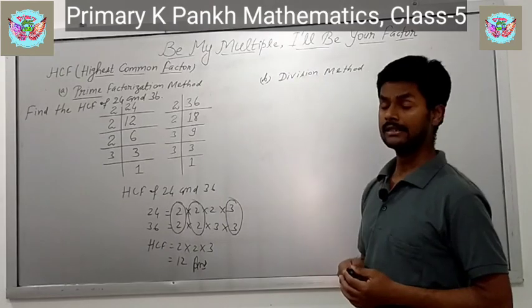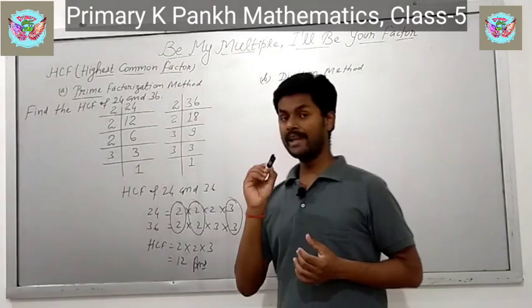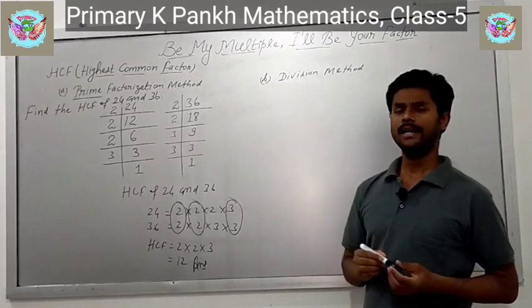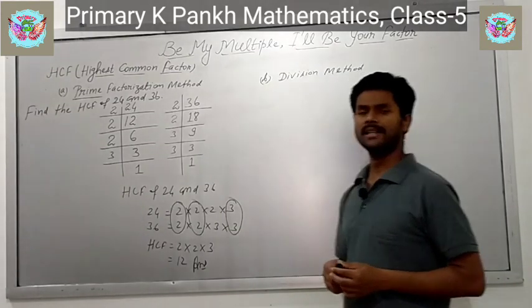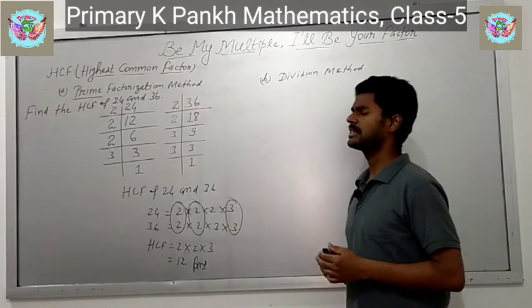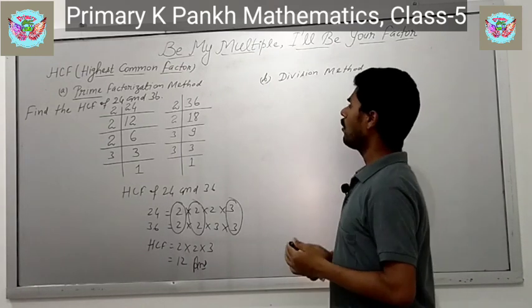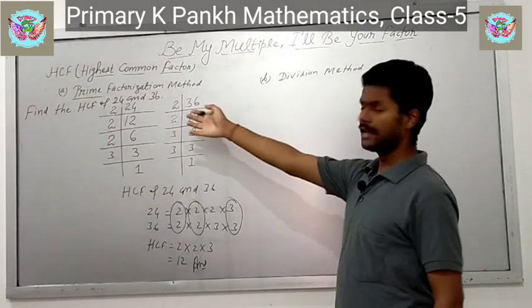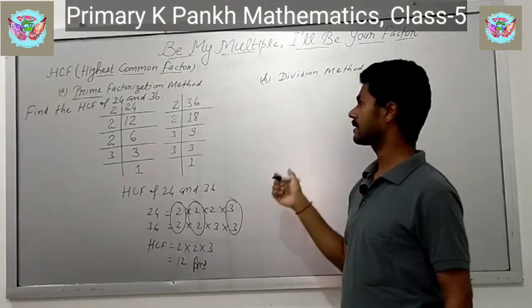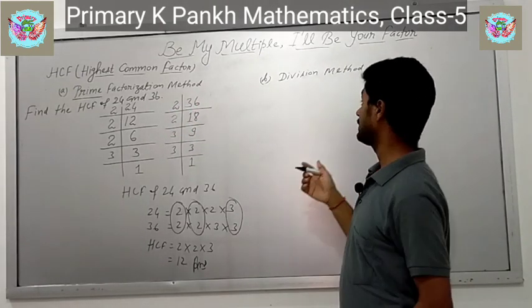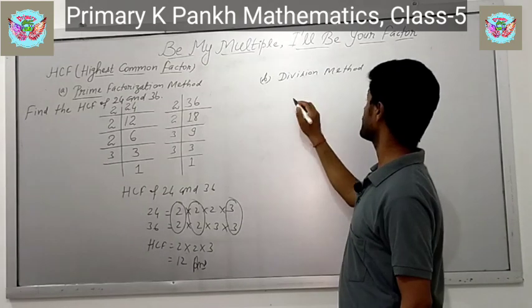So be ready, take your pen or pencil and learn our method number B, that is the division method for finding HCF. Now we are going to find the HCF of the same numbers, 24 and 36, by the use of the division method.